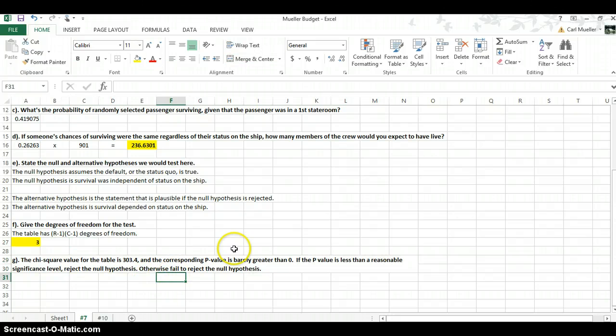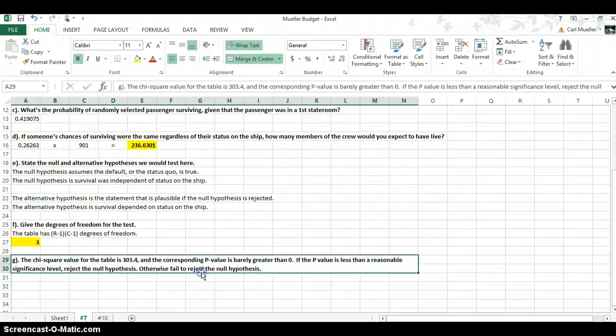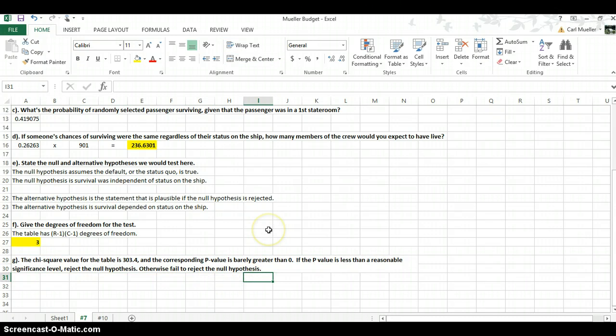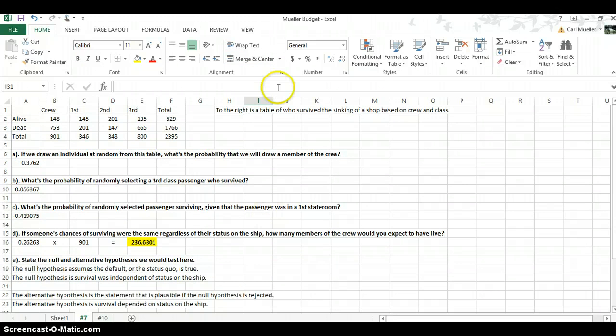Based on our analysis, with a significance level of 0.05, a 95% confidence level, the p-value is less than that, so we reject the null. That means there is a measurable relation between class itself, like first class, and the survival rate. That's what we're getting at here.